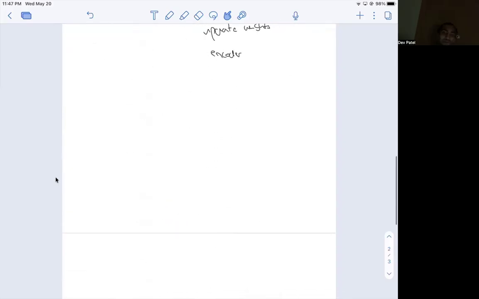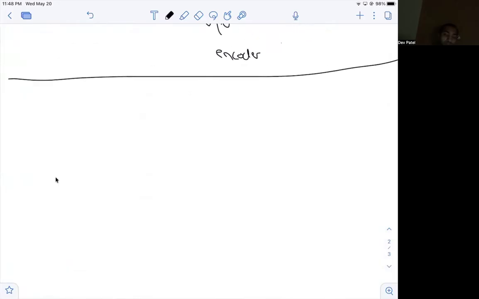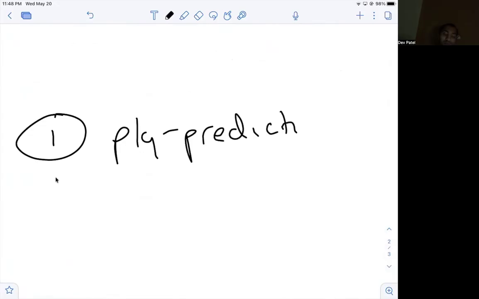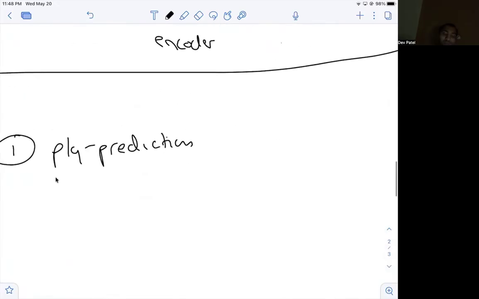Now we'll go into a new idea on optimizing efficiency in NFL play calling. So we have three different paradigms or models we want to look at. First is a play prediction model to model what the coach will actually be expected to call in a given situation.